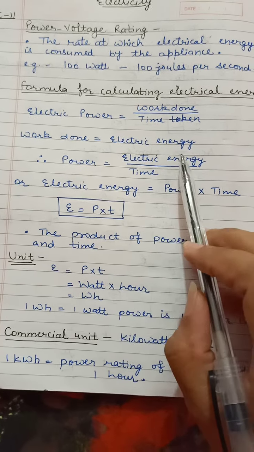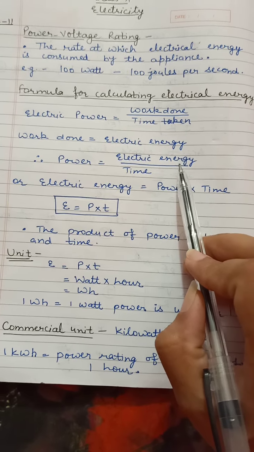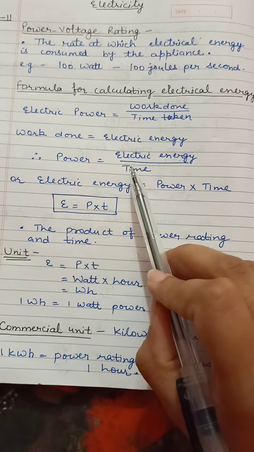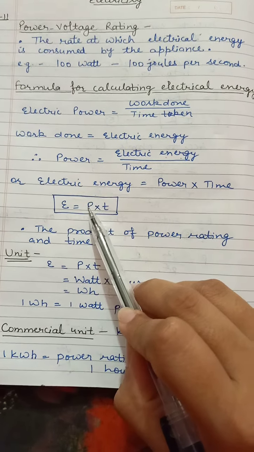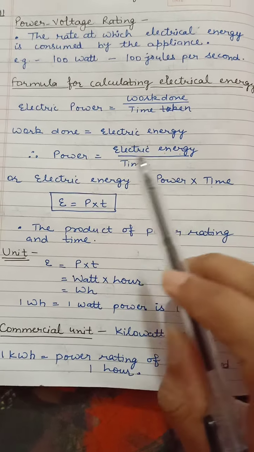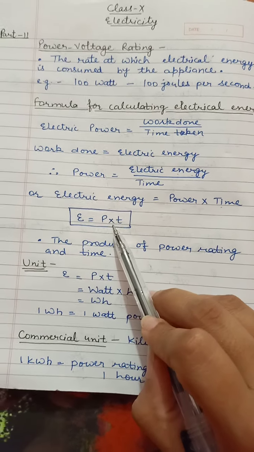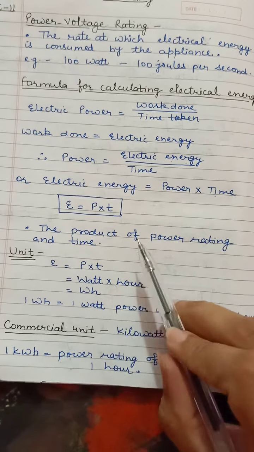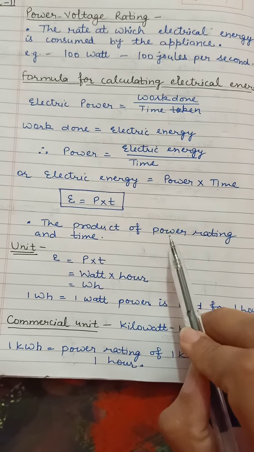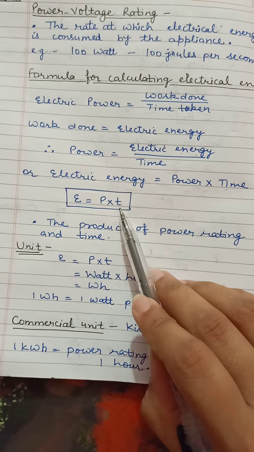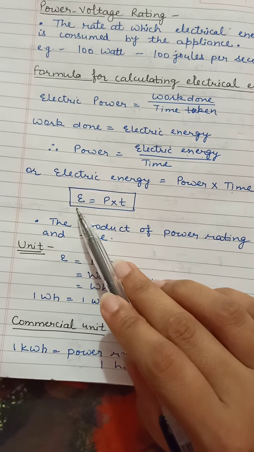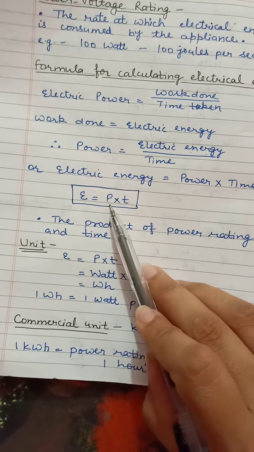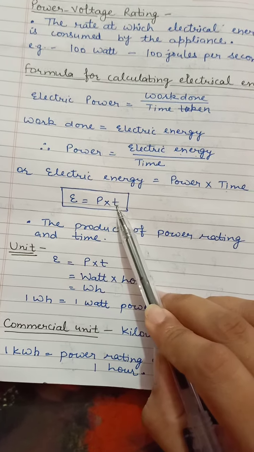We have to calculate the electric energy consumed. So electric energy is equal to power into time. So we get E is equal to P into T. It is the product of the power rating and time. Electrical energy consumed by the appliance is equal to the product of power rating and time.